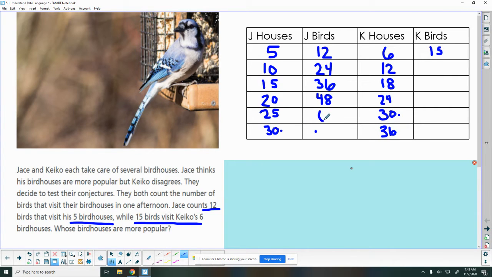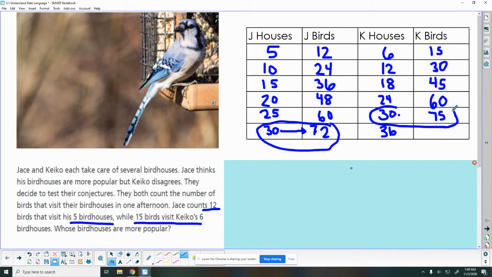So 12, 24, 36, 48, 60, there we go, and 72. So if he had 30 birdhouses, he would have 72 birds visiting his birdhouses, and she would have 15, 30, 45, 60, 75. I don't even need to keep going, because 30 is the number I'm wanting to compare.